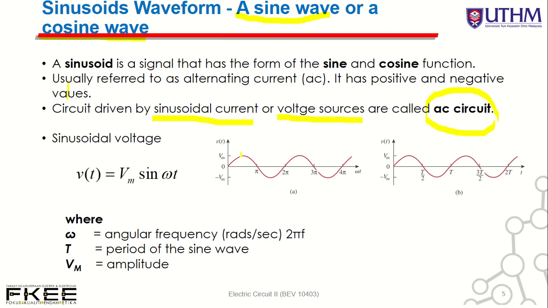Okay, this is a sine wave. This is axis of time, or omega t. This is the frequency, and this is angular frequency times t. This is the amplitude.